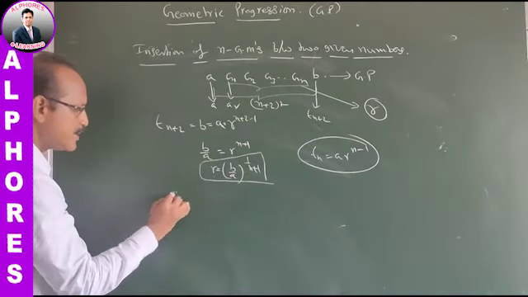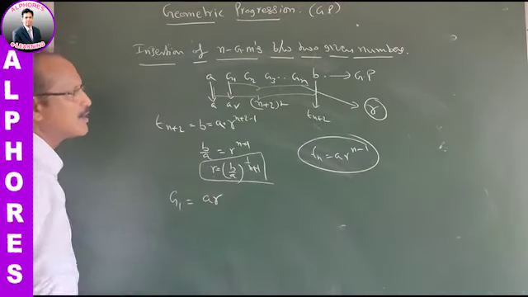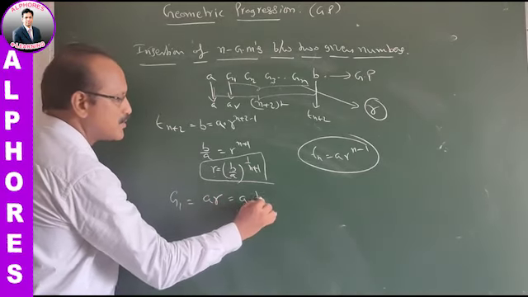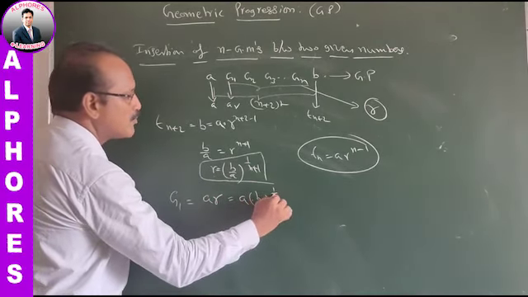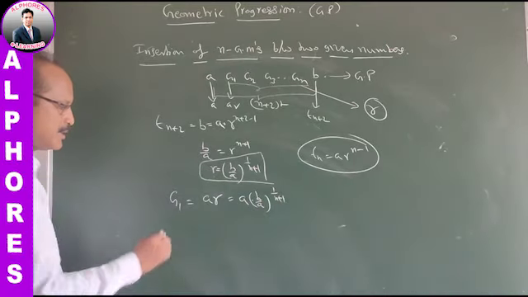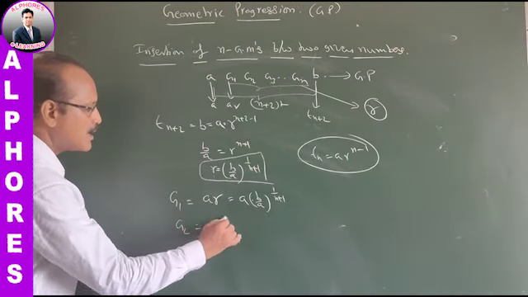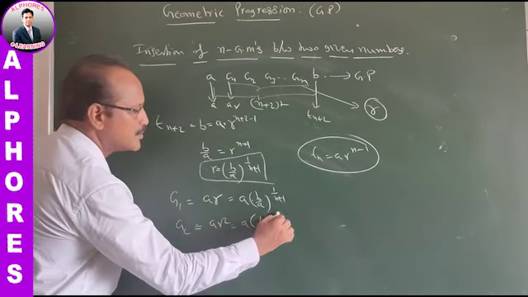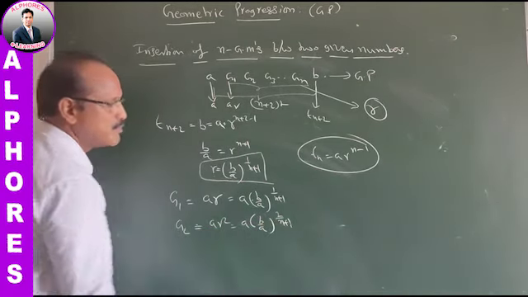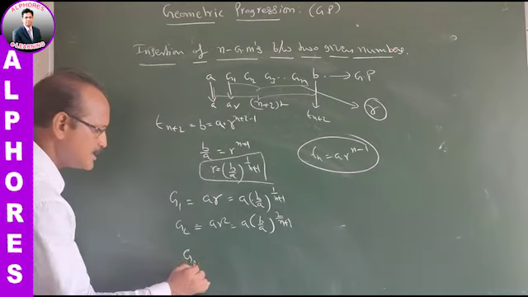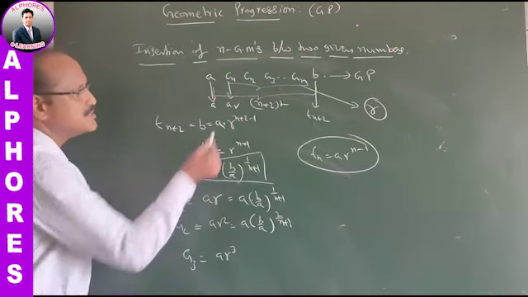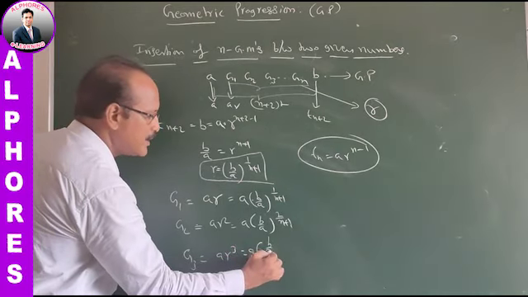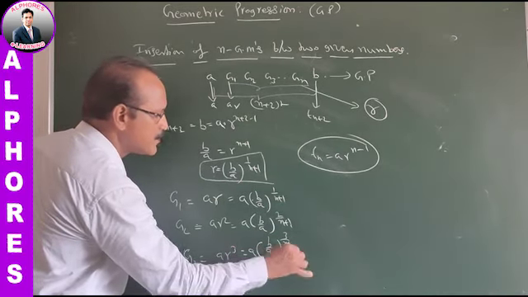Now G1 becomes ar, that is a × (b/a)^(1/(n+1)), and G2 is ar², that is a × (b/a)^(2/(n+1)), and G3 is ar³, that is a × (b/a)^(3/(n+1)).